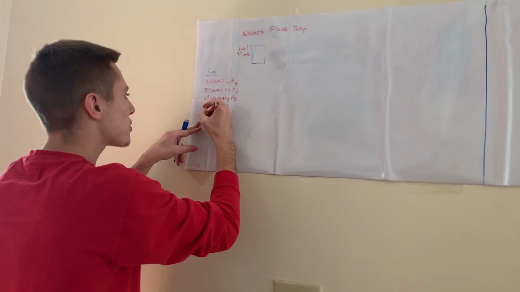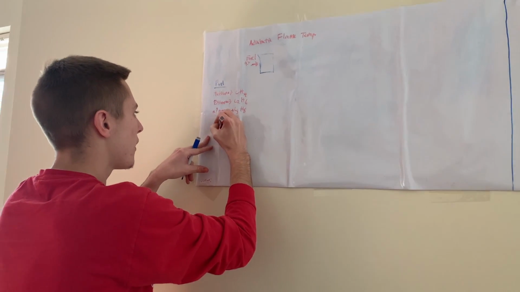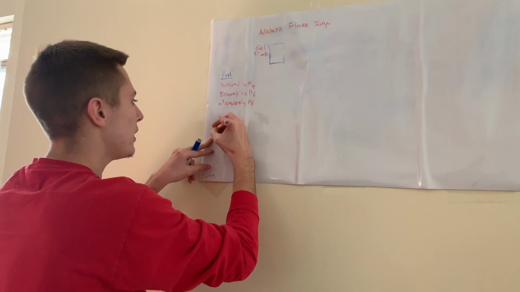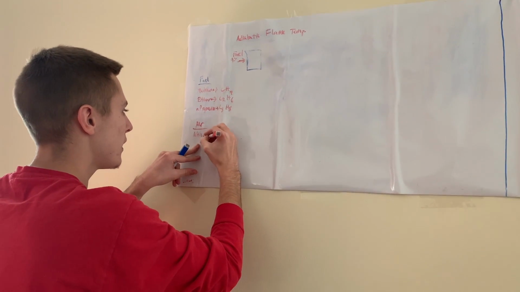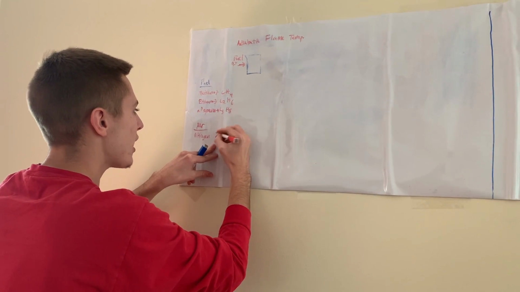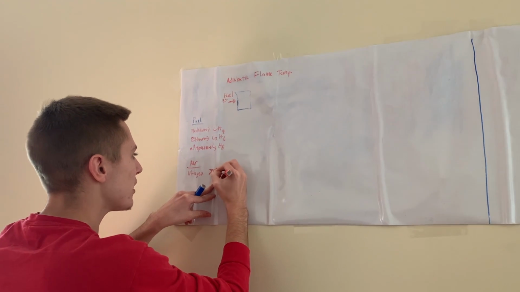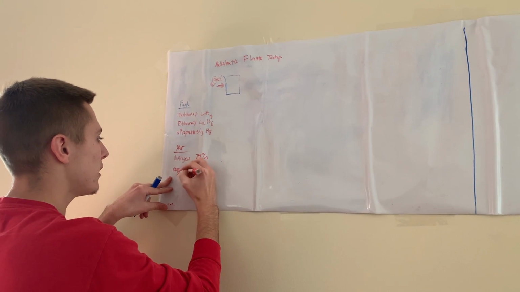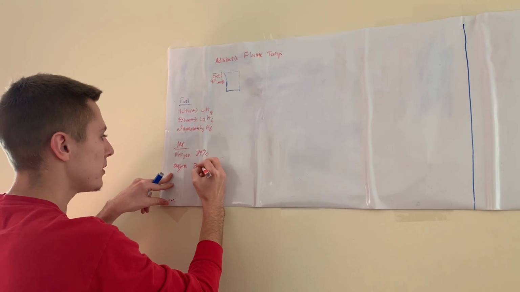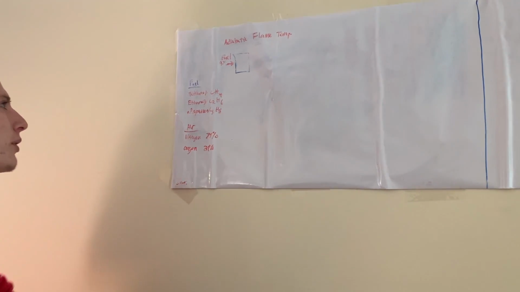And then we have our air mixture, which is made up of nitrogen and oxygen. The air is made up of 79% nitrogen and oxygen at 21%. Okay, so this is the makeup of our air.